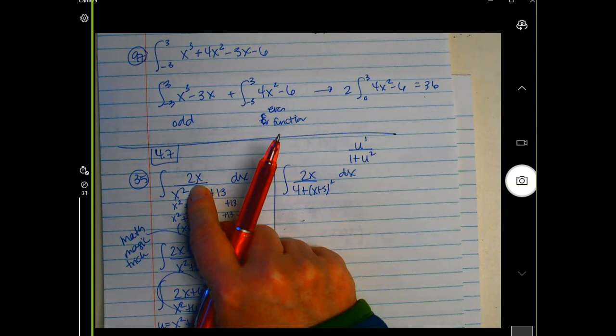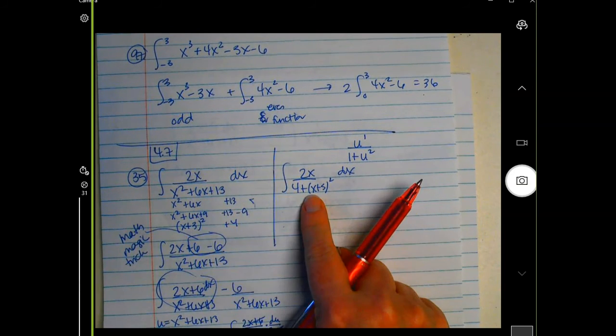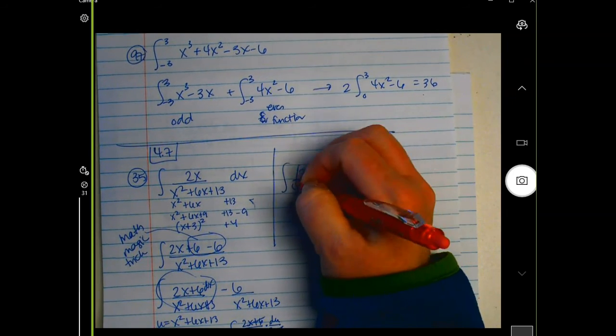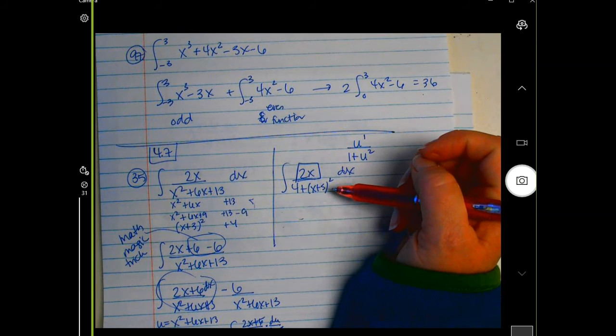It's because when I did the complete the square on the bottom and I got to here, I was stuck because this 2x wasn't the derivative of anything in the bottom. So tangent wasn't going to solve the problem for me.